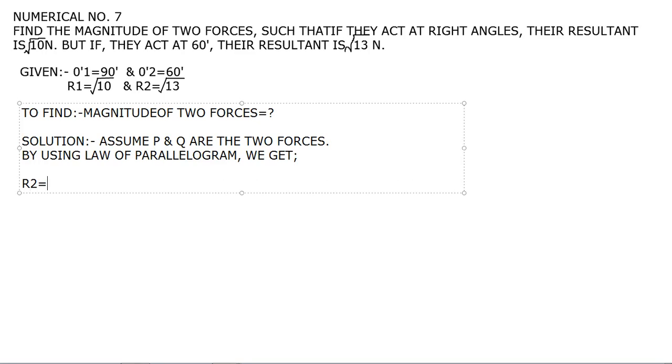In an objective paper, you can solve it on rough paper, but if the paper is subjective, you have to write R square is equal to P square plus Q square plus 2PQ cos of theta. Now for condition 1, what is the thing given?